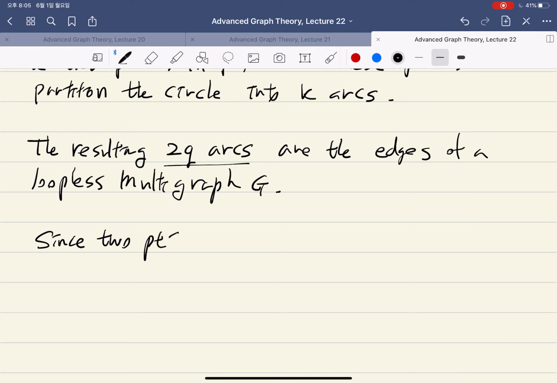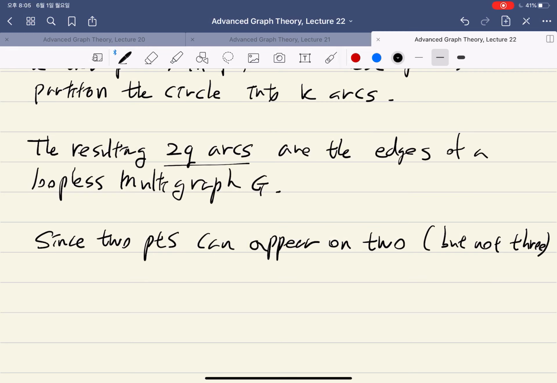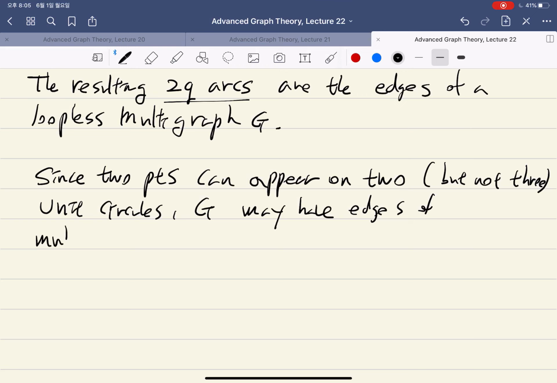Since 2 points can appear on 2 but not 3 unit circles, G may have edges of multiplicity 2, but no larger multiplicity.